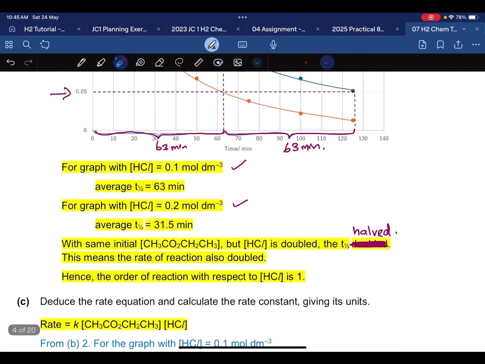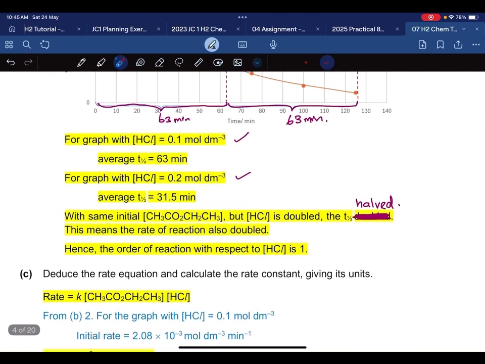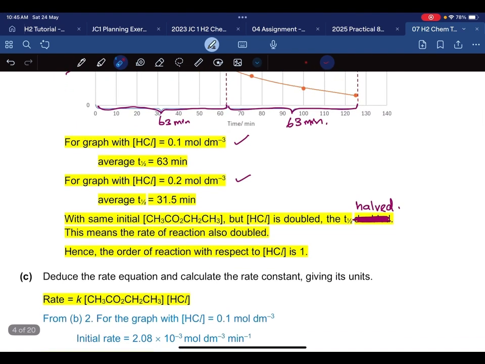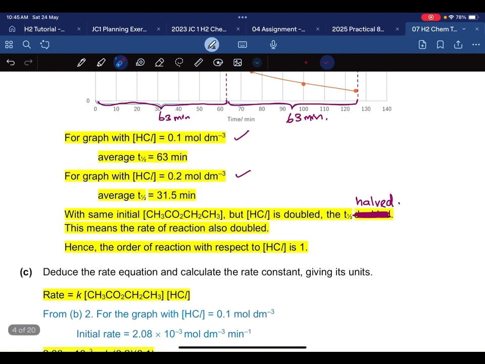To deduce the rate equation and calculate the rate constant, giving its unit, first, we already have the order with respect to the ester and HCl. We know they are both 1. So 1 is understood. There's no need to write that. And we're going to calculate the rate constant. We can use any of the graphs.